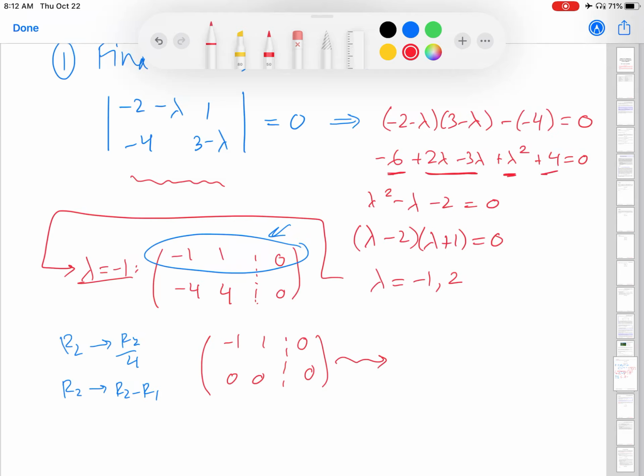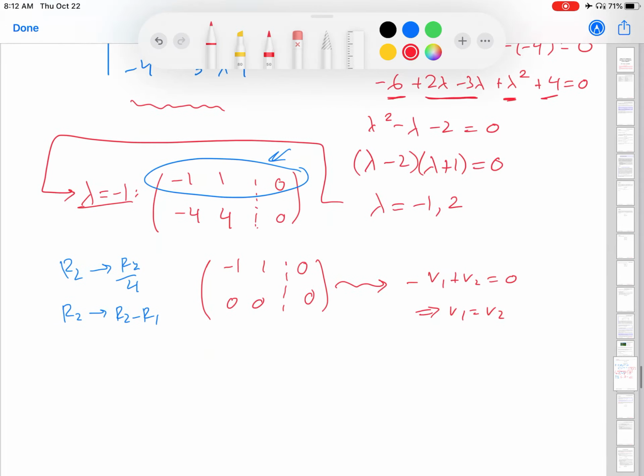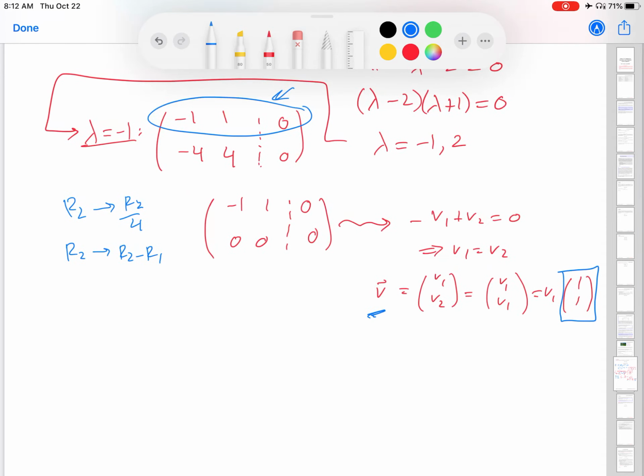Great, and this tells me that if I look at the first row of this matrix, minus v1 plus v2 equals 0, so v1 equals v2. If I write out my eigenvector, which used to be v1, v2, it now has the same components. Factoring out v1, I get 1, 1. This is the eigenvector that effectively spans the set of eigenvectors. So that's my eigenvector for lambda equals negative 1.